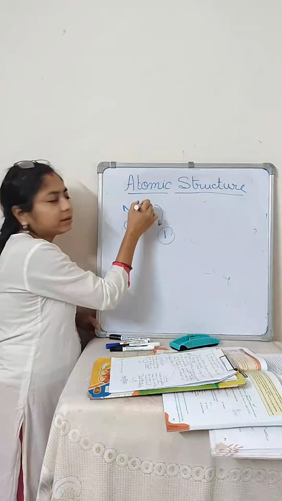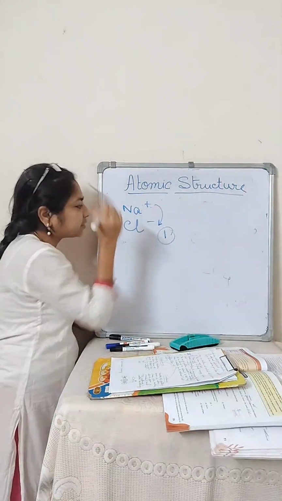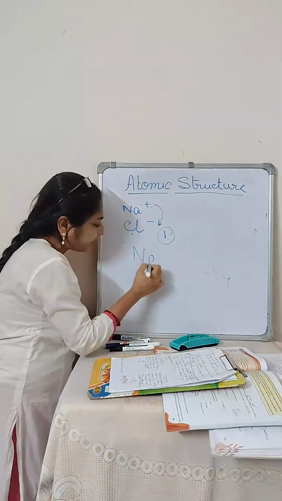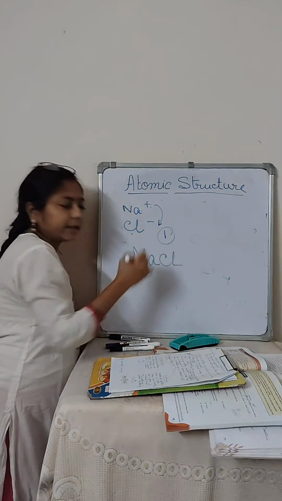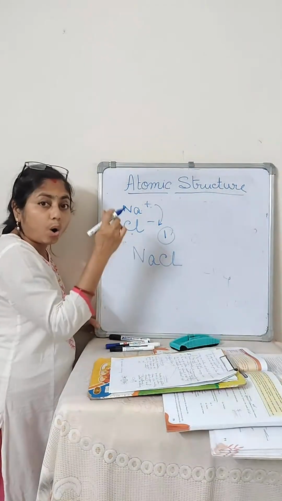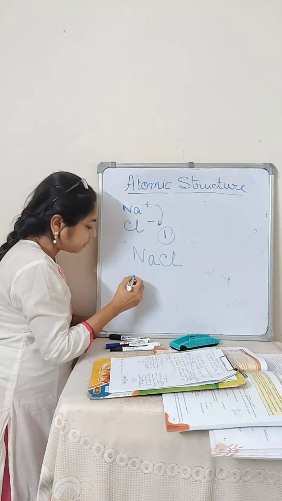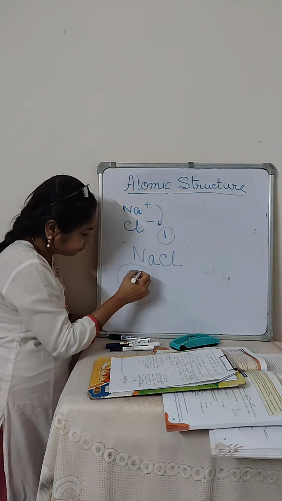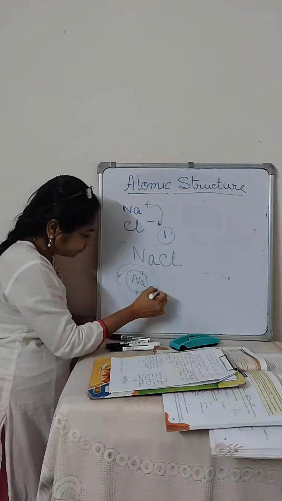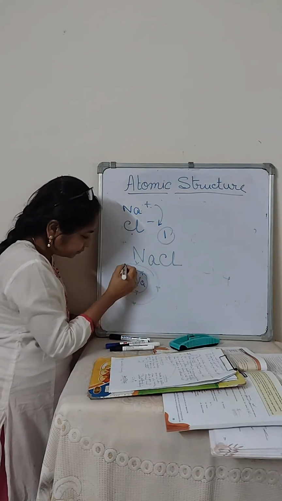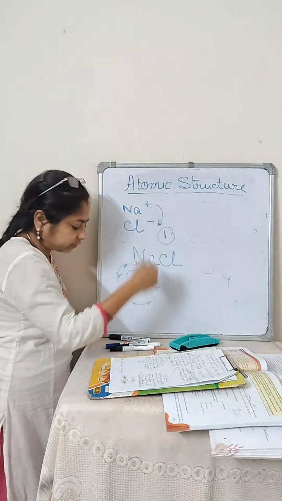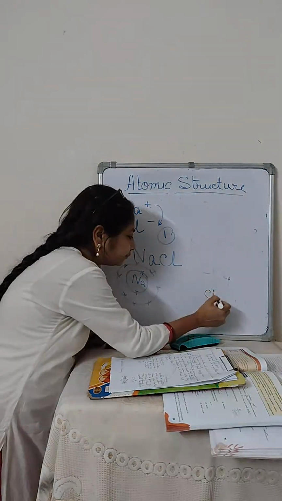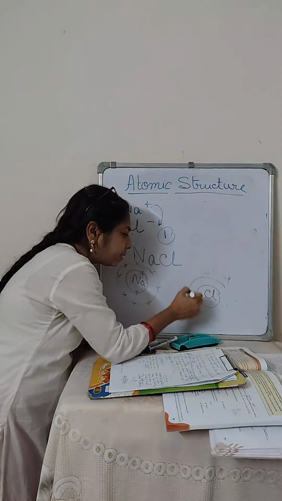So when it gives an electron, sodium is charged, and when it takes 1 electron, chlorine is charged. Now it becomes NaCl. In that case, both sodium and chlorine have 8 electrons in the outermost shell. Chlorine has 3 shells.